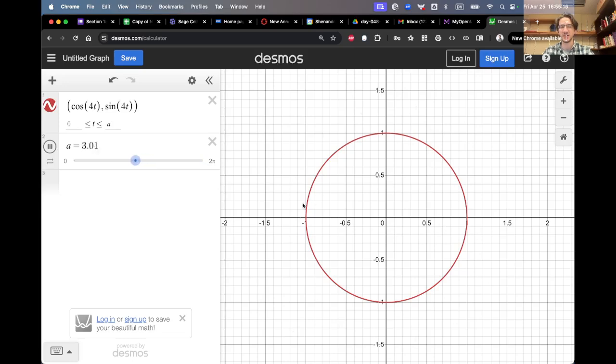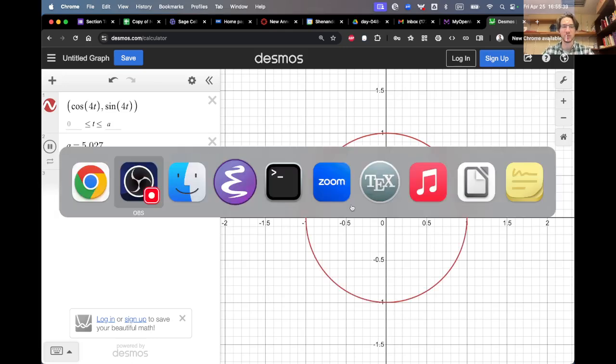These parametric equations actually wrap around this circle 4 times. That 4 tells me it's wrapping around 4 times, which is interesting. 1, 2, 3, 4. Wow, amazing. Okay, so that's the actual curve that we get here.